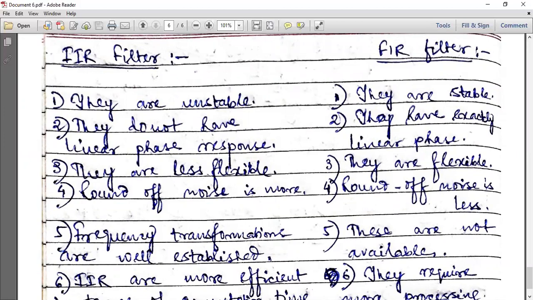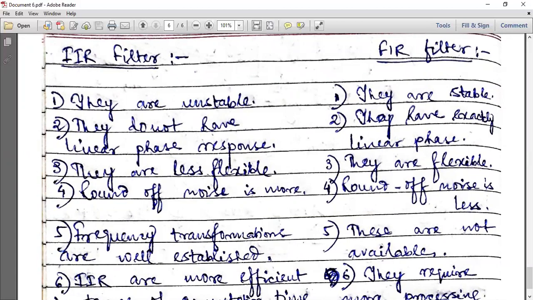Point number 2, IIR filters do not have linear phase response, whereas FIR filters have exactly linear phase. Point number 3, IIR filters are less flexible, whereas FIR filters are flexible. Round-off noise is more in the case of IIR filters. For FIR filters, the round-off noise is less.